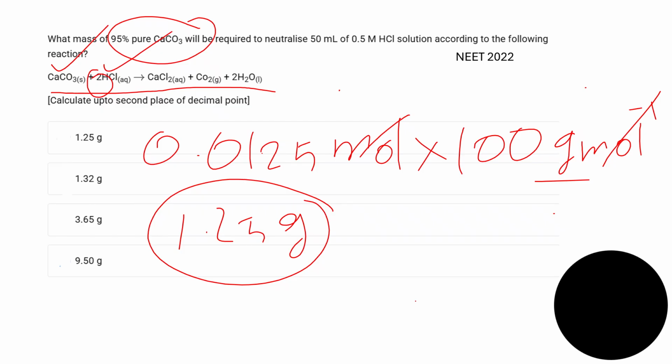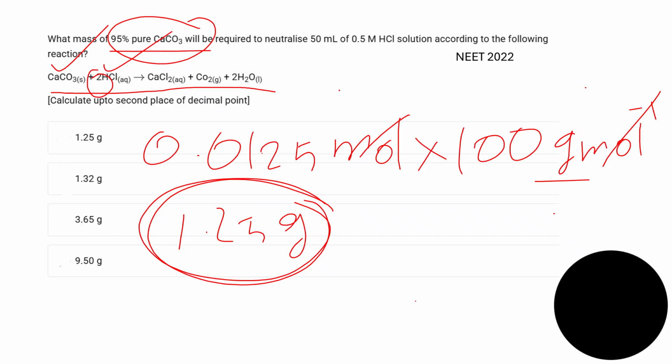So in pure calcium carbonate, 1.25 gram is needed to neutralize the 50 ml of 0.5 molar HCl solution. Okay, listen, 1.25 gram is for the pure calcium carbonate.